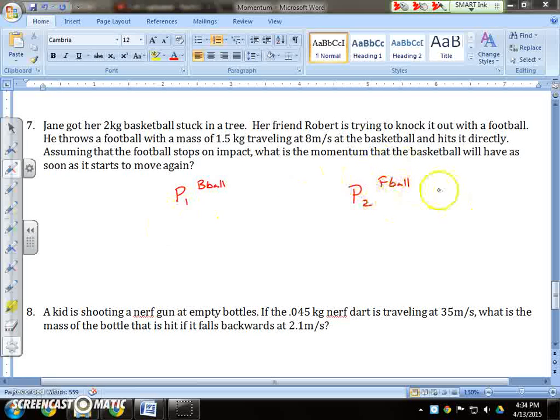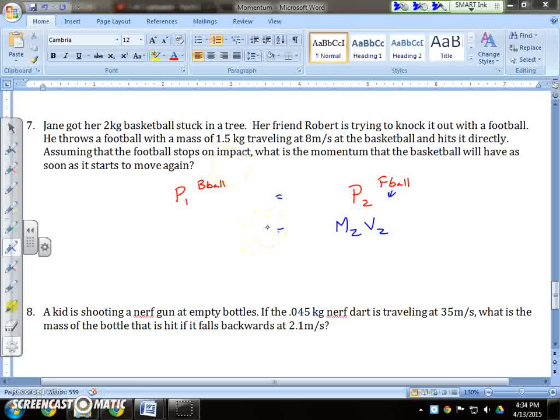Does it matter which you list first? Not entirely. It's the same math either way, as long as you understand that these two are equal, and that this is going to be M2V2. The basketball, stuck in a tree, has zero momentum because it is not moving just yet.